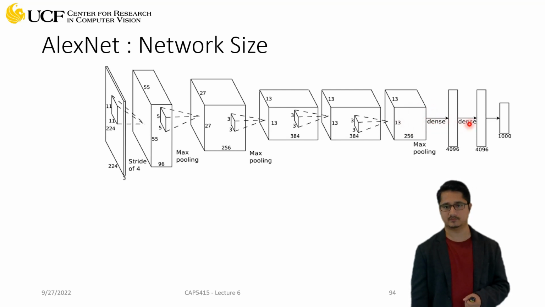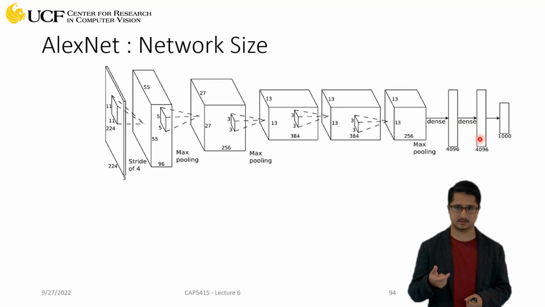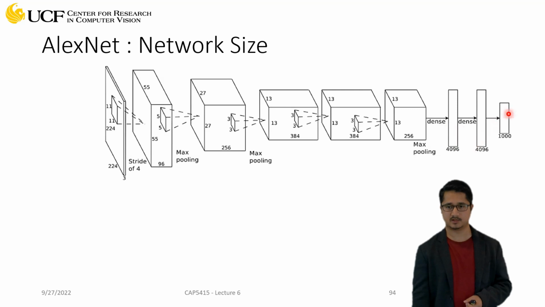After that, we have these dense layers, which is just the neural network, the fully connected layers. Okay, 2 of these. And then the final one is the prediction layer, or you can also say the output layer of the network, which predicts 1,000 different values. Until this point, all of this is convolutional operation. And after this is the neural network, the fully connected operation, which we discussed in the previous lecture.